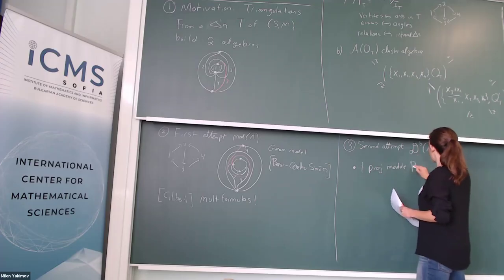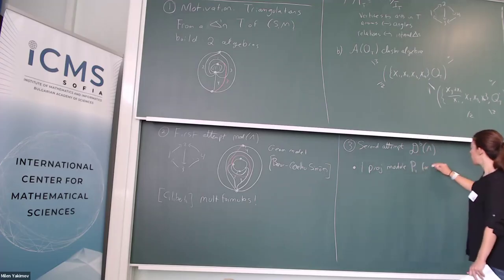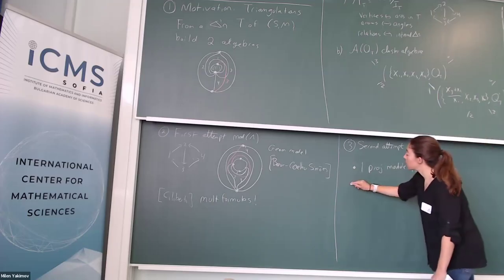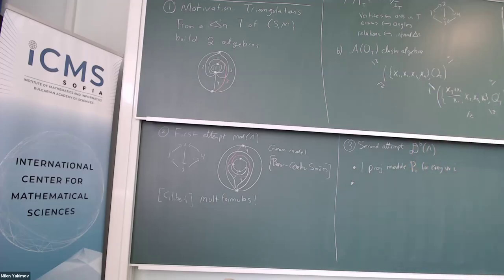So we call it PI for every vertex I. Okay, and the complexes, we have maps between projectives. And maps between projectives come from non-zero paths. When I say non-zero, I mean I don't go through a relation, right?